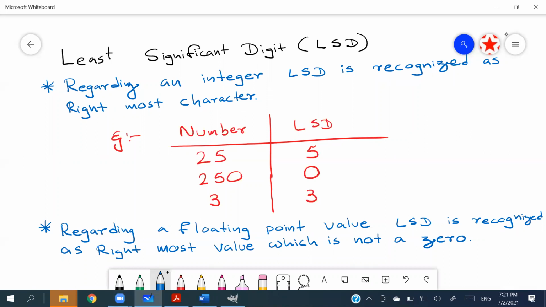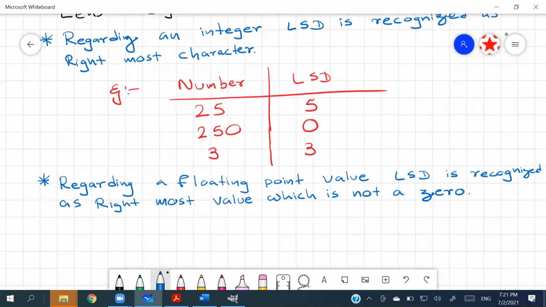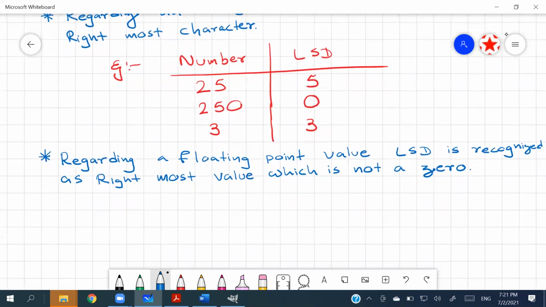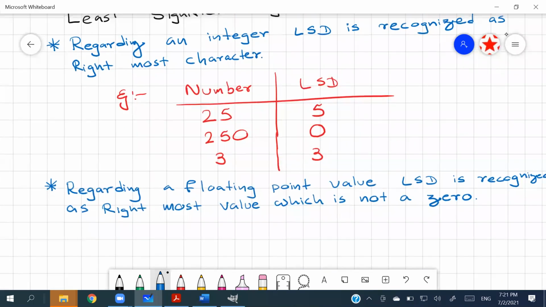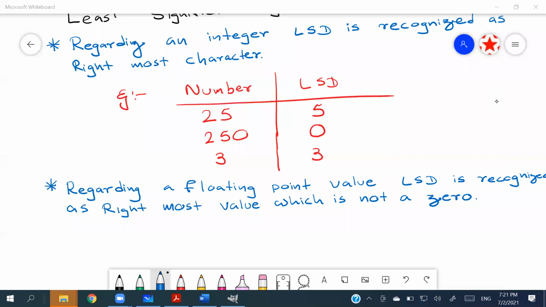So let me move this a little bit upwards, so I can write the example regarding the least significant digit.